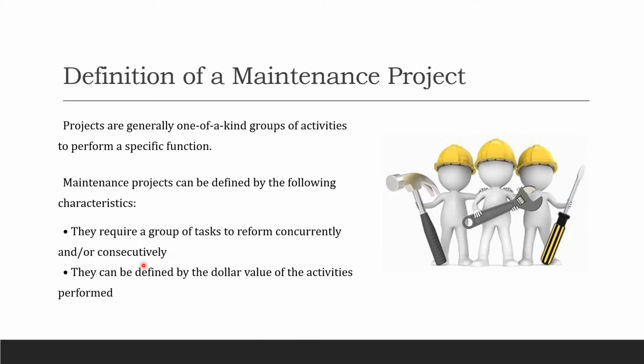It is telling you that you do tasks one by one. And then they can be defined by the dollar value of the activities performed, meaning each step we're doing in this maintenance project has value. We call them value-added projects or steps.